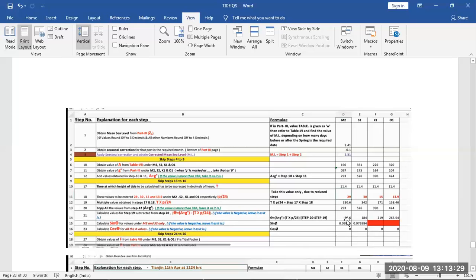This is what we got as theta. Then we multiply by sine theta, and the values for only M2 and S2 will be put automatically here, or you can calculate manually, and then cos theta for all four values.